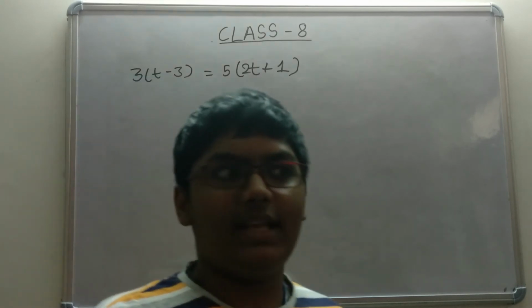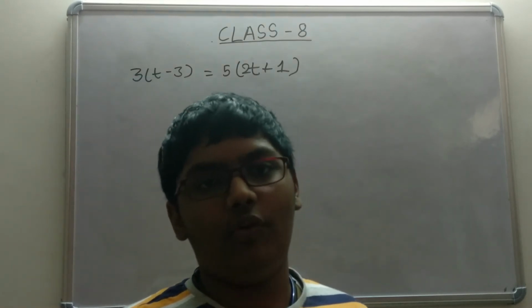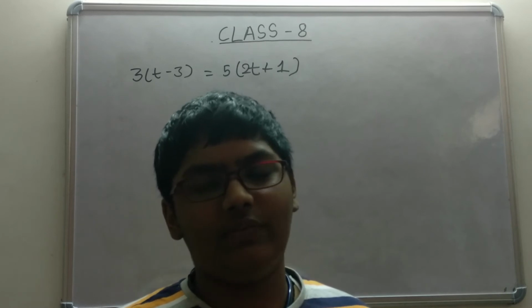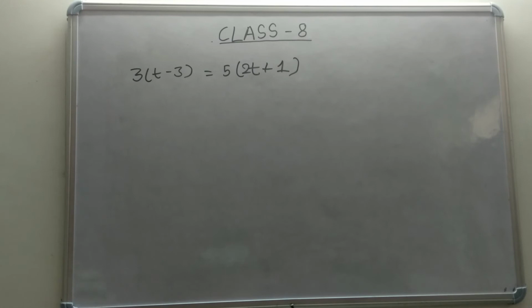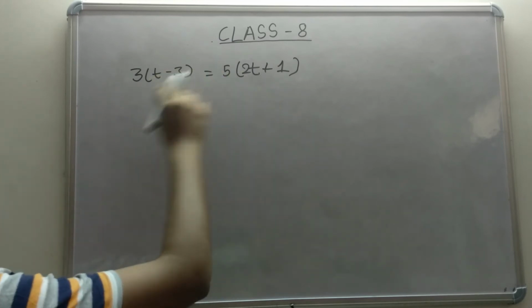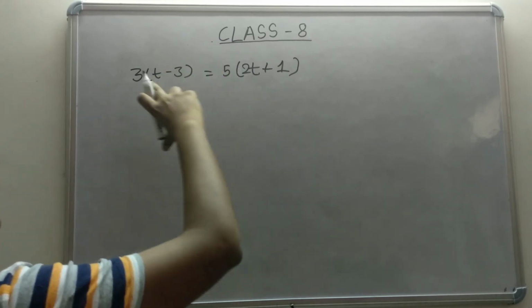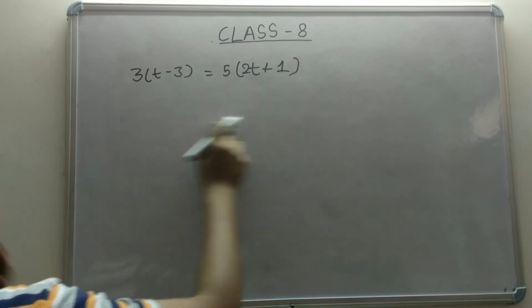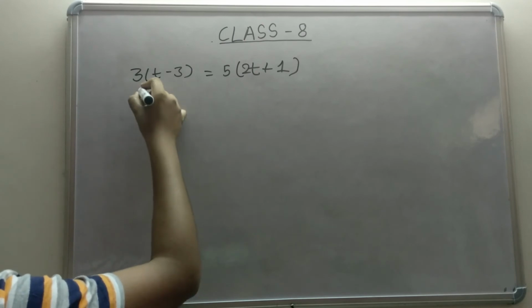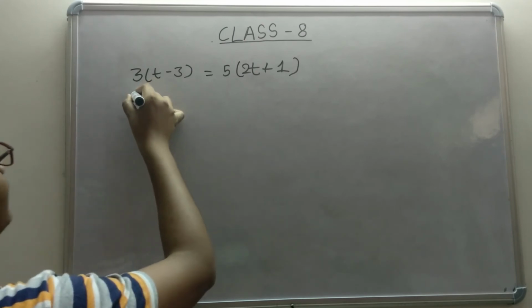So exercise 2.5 of our class 8 linear equations in one variable is a very easy exercise. There is one question which I selected from it. It is the same kind of question, with the variable on both sides. So how will we solve this?